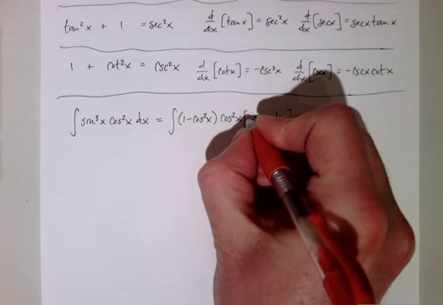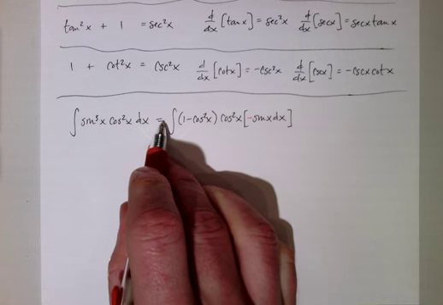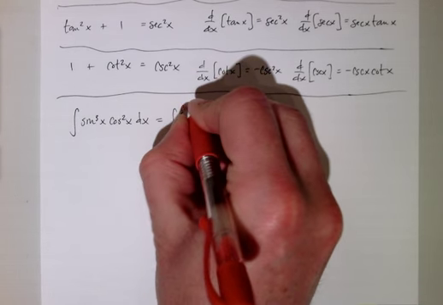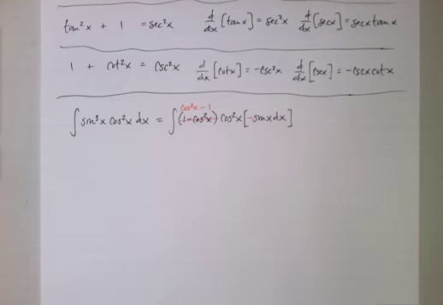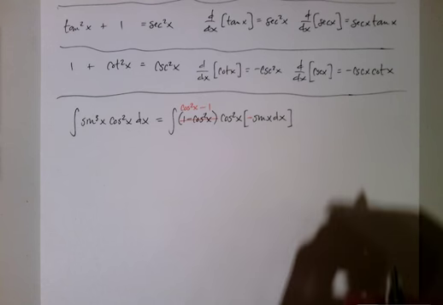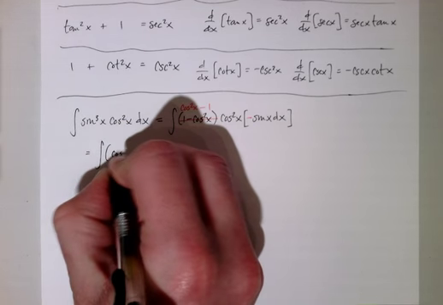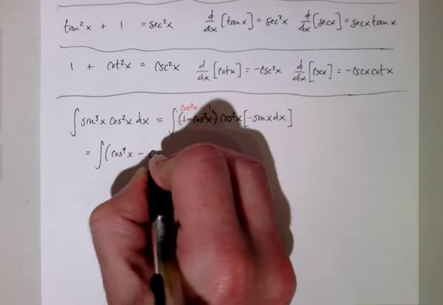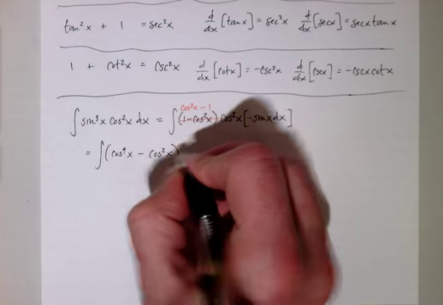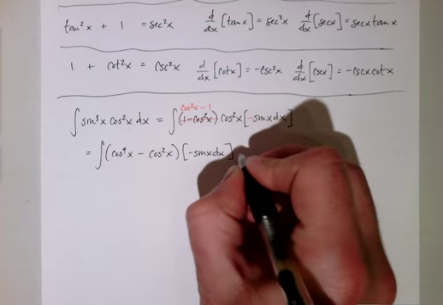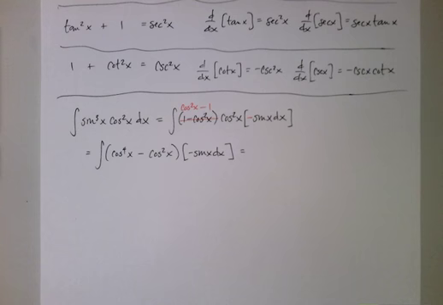So if I want to put a negative right here, I can either put a negative out in front, or I can use that negative to flip the difference. I'm going to go ahead and flip the difference. Now, that means that I have the integral of cosine to the fourth x minus cosine squared x, and of course this negative sine x dx is going to be my du for both terms.